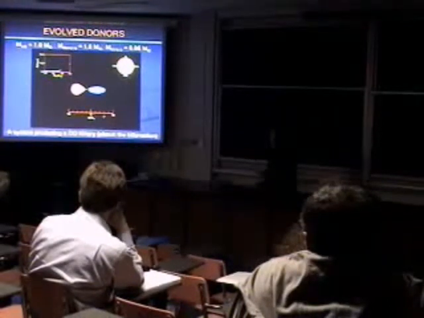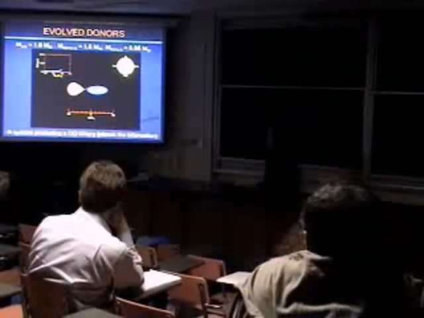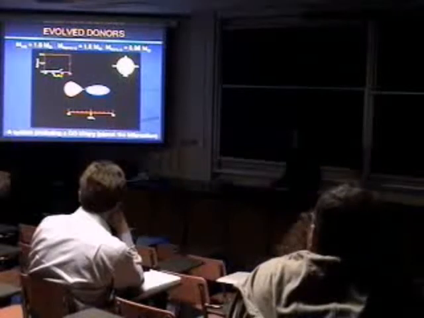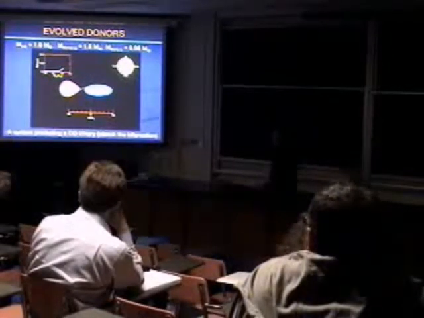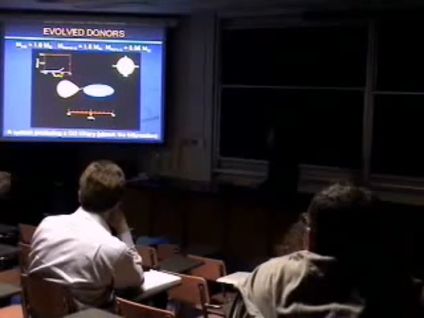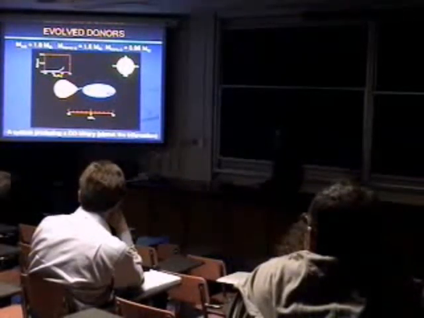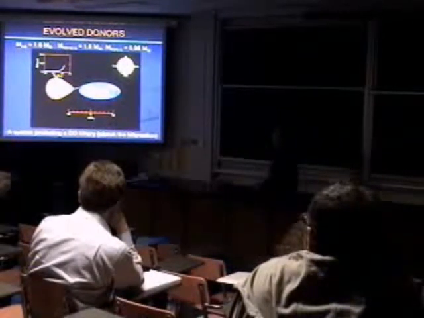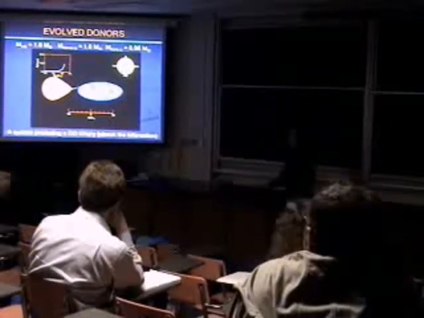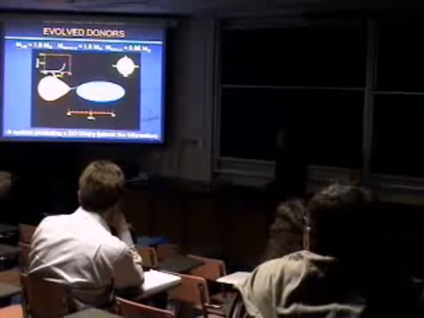And our ruler here, our scale, is fixed so that the 0 point corresponds to the center of mass in the system. At this point, the donor is down to about half a solar mass. The orbital period is increasing. In fact, the evolution really speeds up at this point because the donor, although very low mass, 0.3 solar mass, is actually ascending the red giant branch. So it's becoming a giant.